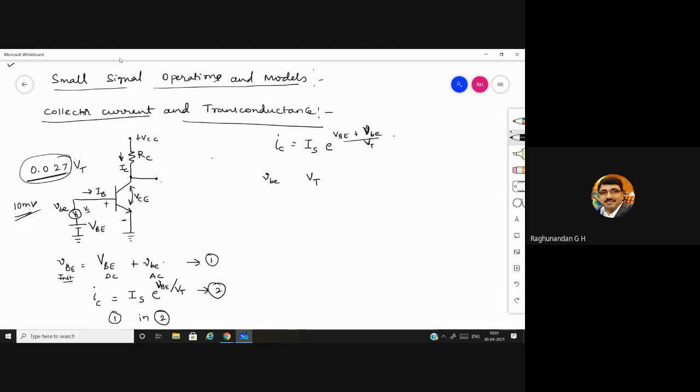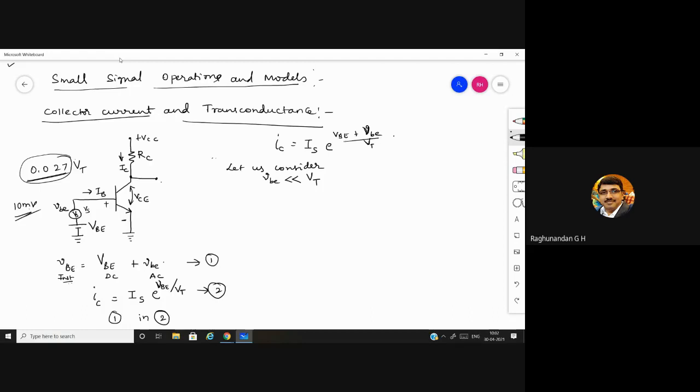So for our approximation here, let us consider VBE is very much lesser than VT. When this approximation is considered, we expand the above equation, because it is in exponential form.